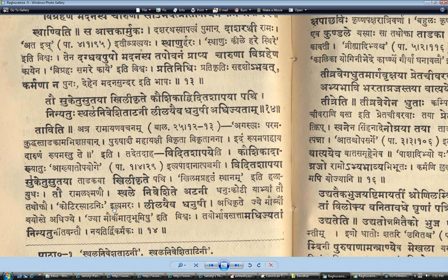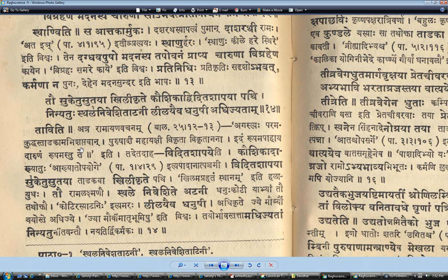Okay, now let's try to follow the commentary. It's atra Ramayana vachanam. In the Ramayana there is this vachanam which says Agastyah paramakruddhah. This is an easy shloka. So Agastya, who was extremely angry, Agastyah paramakruddhah Tadakam abhishaptavan. He cursed this Tadaka. What did he say?